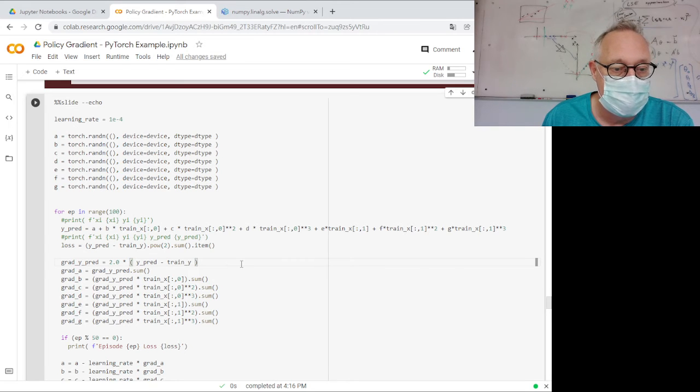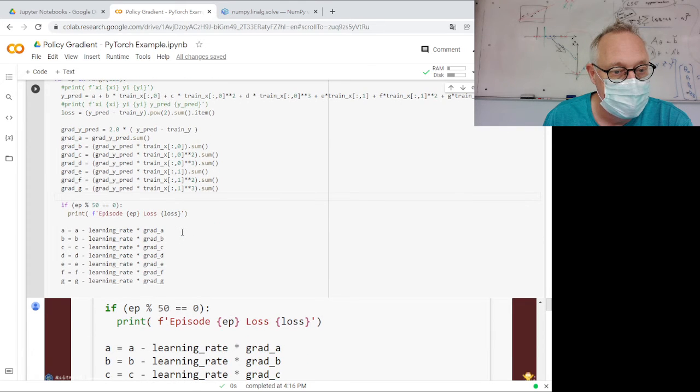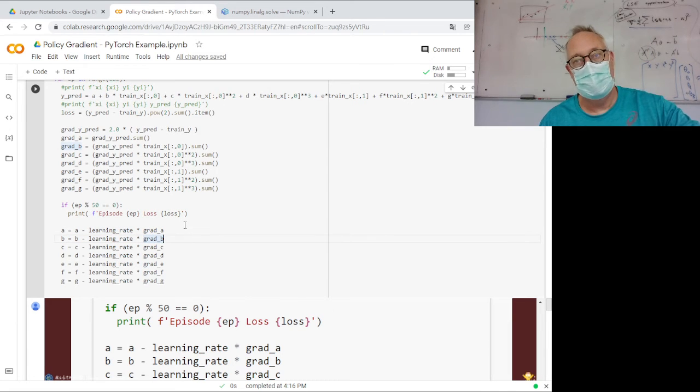And then I can calculate the gradient for the prediction as well as my parameters, A, B, C, D. And then I can take one step in that direction, and I use a learning rate, so I don't go all the way; I take small steps in the direction of the solution.